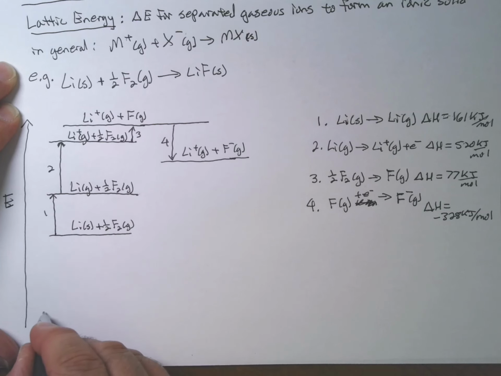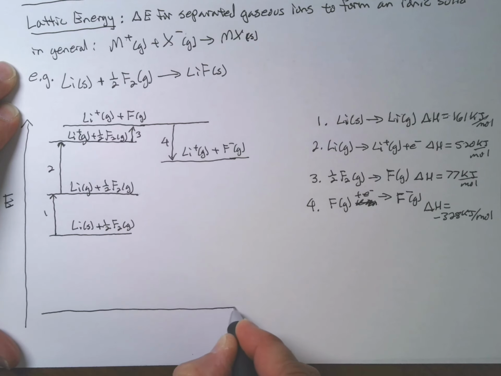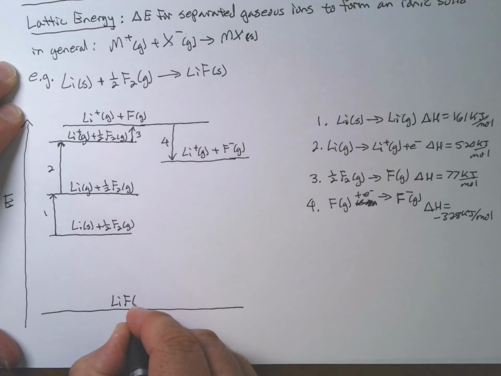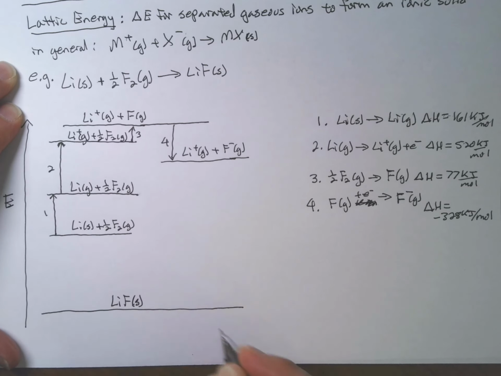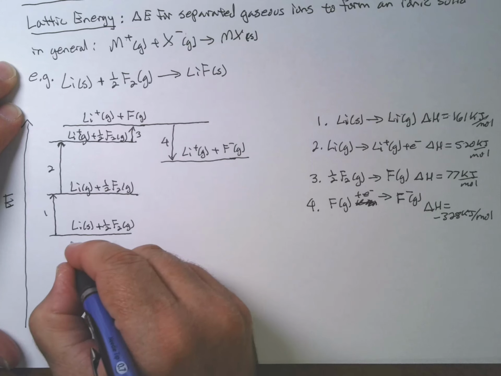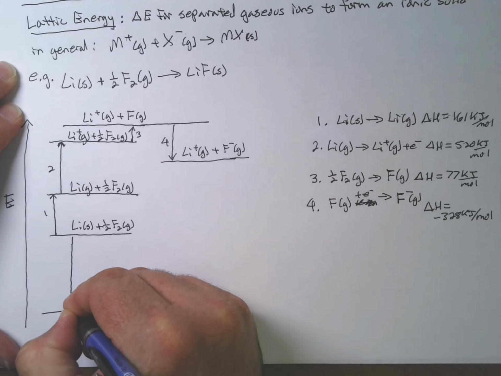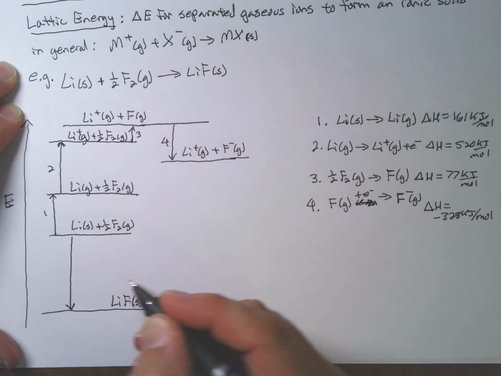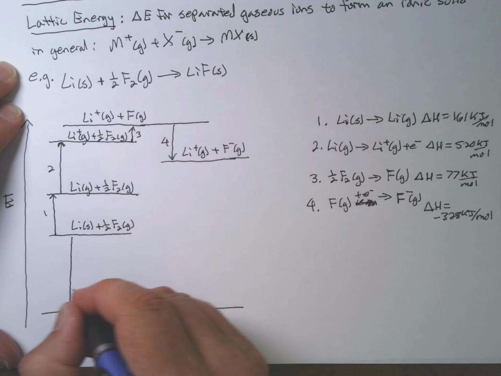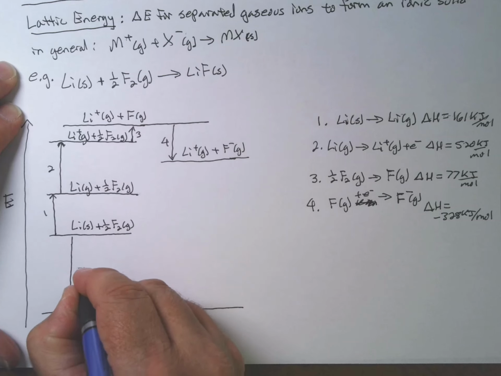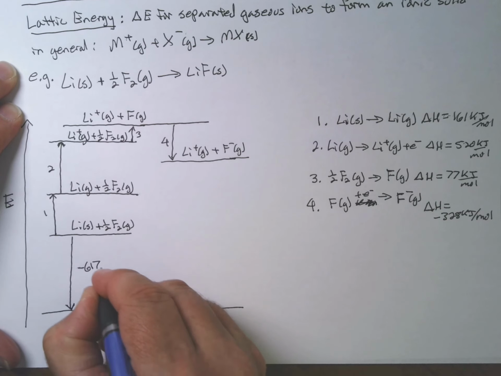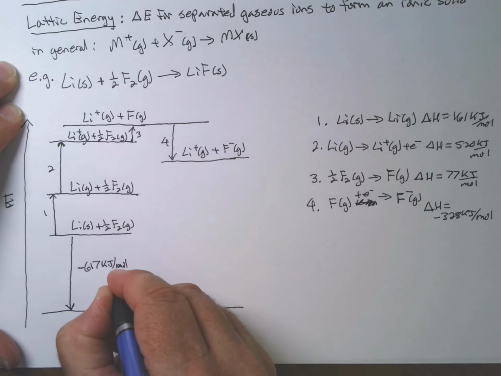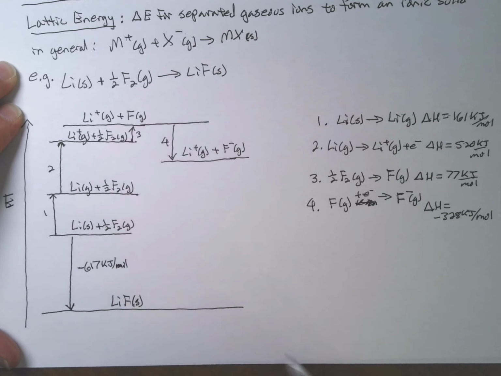Now way down at the bottom here we have LiF solid. And we can actually calculate the energy here, and this would be our bond energy, if you will, and this happens to be minus 617 kilojoules per mole. So that's for our overall reaction.